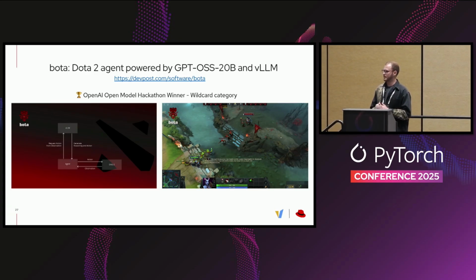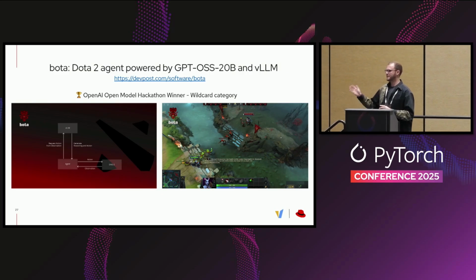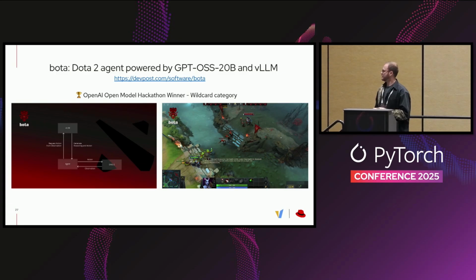I couldn't get the video to render well here, but check out the link, and you can see the video that they have. You can see it puts its actions in the all chat. So you can see what it's deciding and when it wants to move away and when it wants to hit a hero, when it wants to hit a creep. This is really cool.